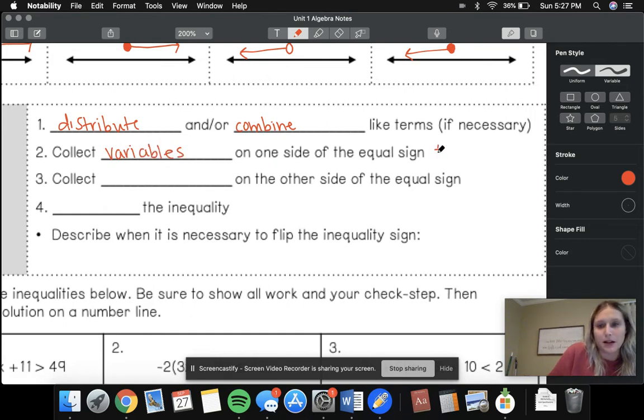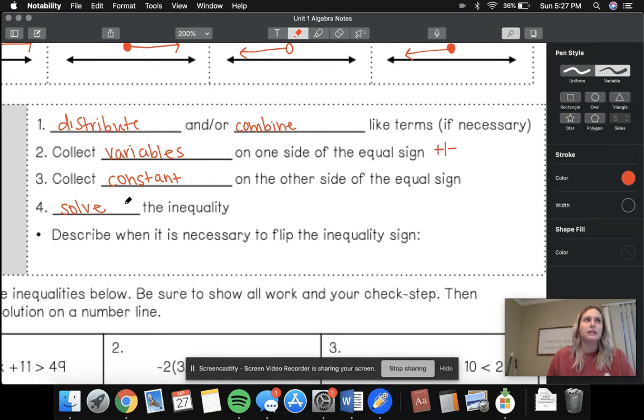Again, we do that by either adding or subtracting. Then after that, it will look just like a two-step. So we will collect the constants or the regular numbers on one side, and then we will just solve the inequality. The only thing that changes when solving an inequality is sometimes we flip the symbol.